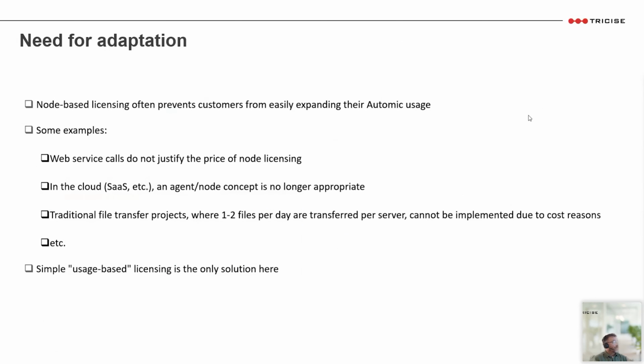Let's talk about licensing. A node-based license model no longer fits the current situation. Node-based license means you have to pay per computer, per machine on which you want to run scheduling.